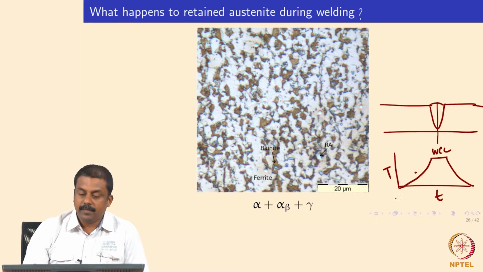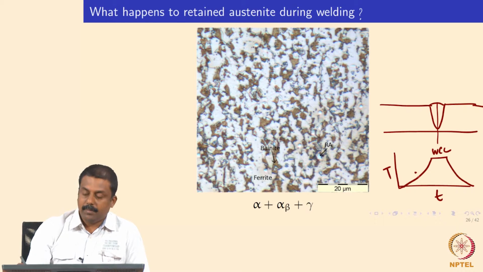But we need to understand how the microstructure can change when you heat up the material in the heat affected zone to temperatures ranging from, say, room temperature to A3 temperature. These are regions where you would expect no transformation, but you may expect a change in the microstructure.